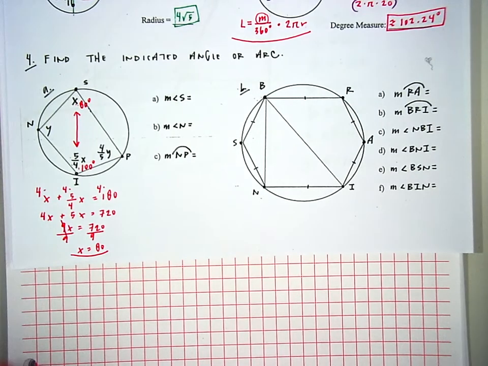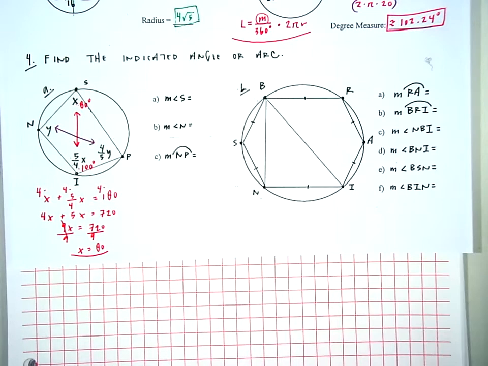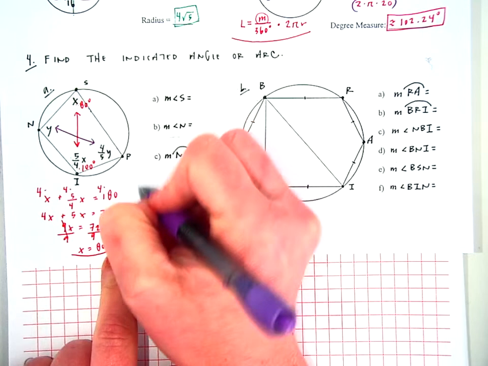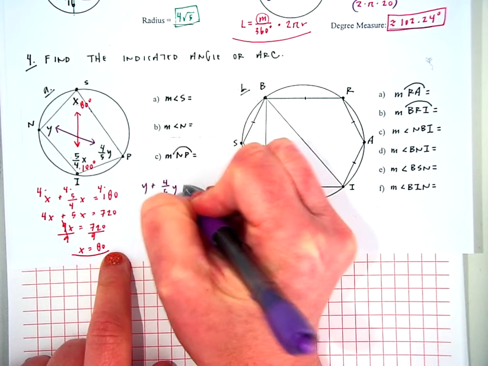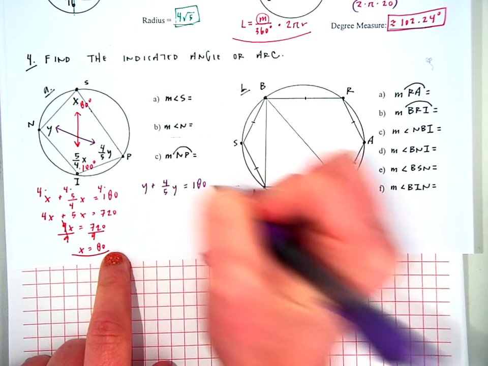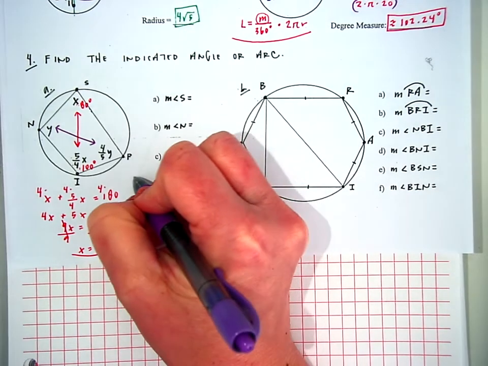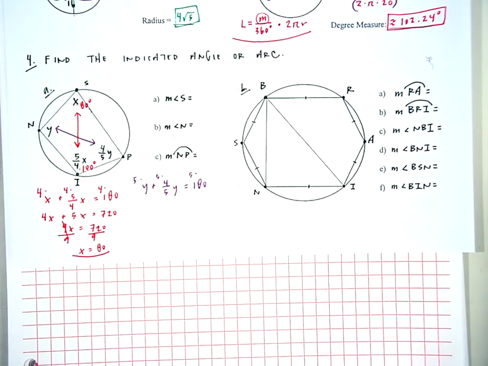Okay, for these angles that are in opposite positions, same thing. They have to be supplementary. They have to add up to 180 degrees. So here I can say that y plus 4/5 of y will equal 180. And again, I have to clear my fraction, so I'm going to multiply every single term by 5 to maintain the balance of my equation.